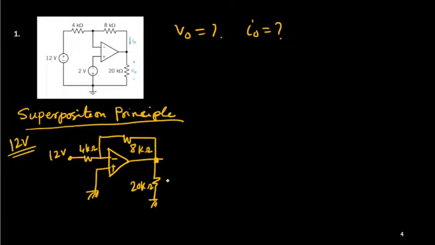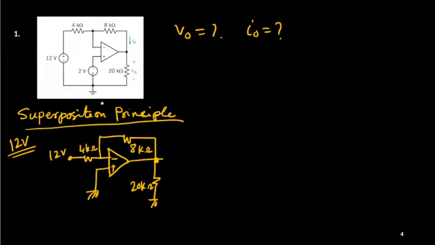Now one important thing is that if nothing is said, you will assume that the op-amp is ideal. Ideal means the gain is infinite, the input impedance is infinite, and the output impedance is 0. So these three things you will consider. If nothing is mentioned about the operational amplifier, you will assume that it is an ideal one.